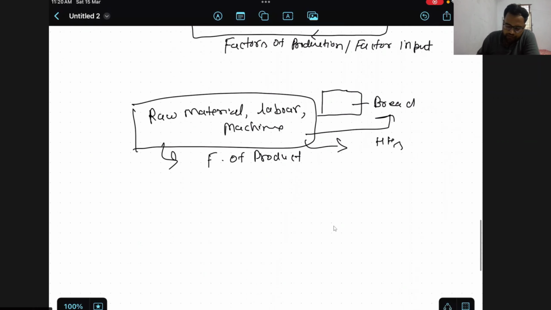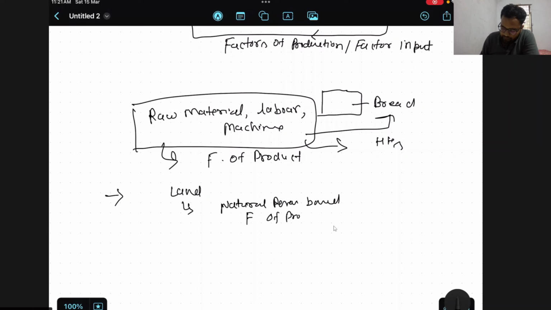Now understand the types of factors of production and their factor payments. First is land, the natural resource based factor of production. All the things which come from nature in order to produce goods and services are known as land.